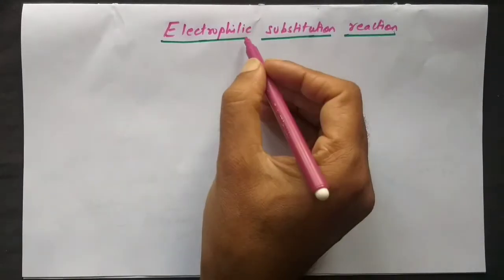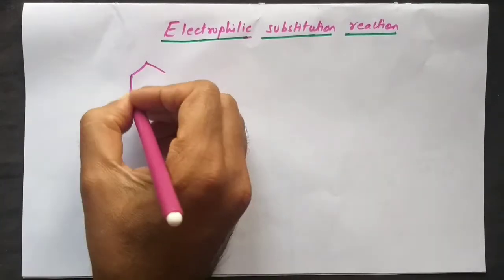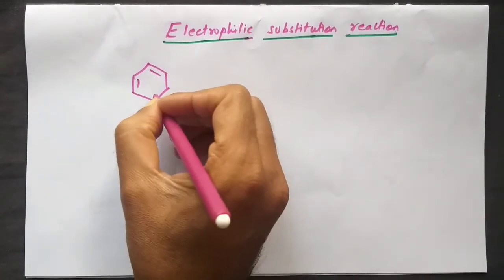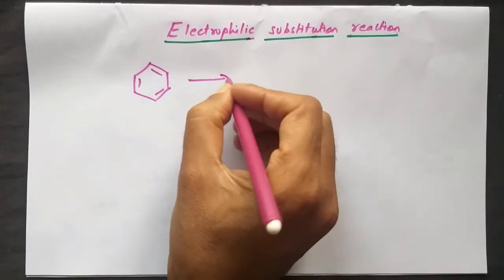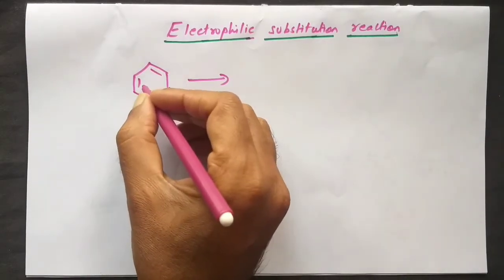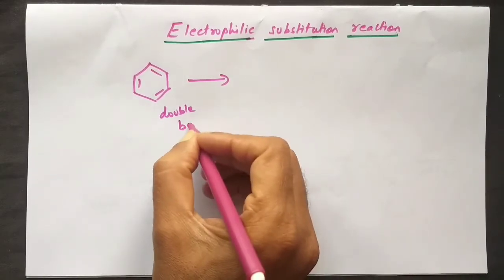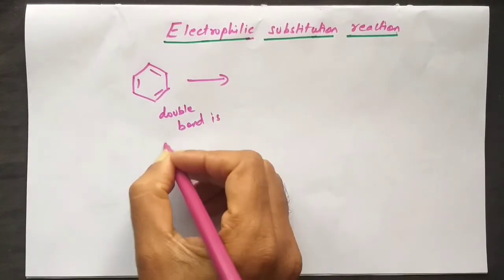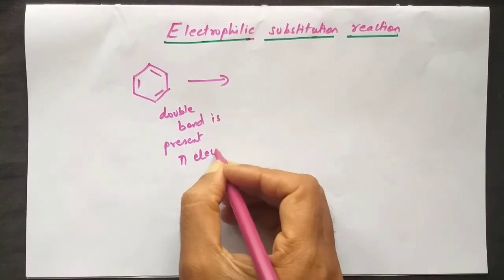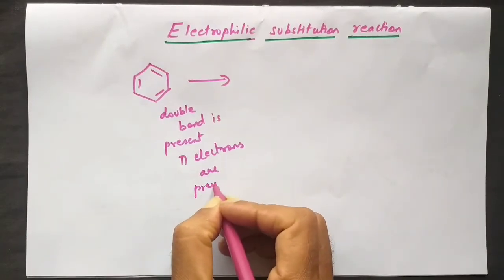Next will be electrophilic substitution reaction. We'll be taking the benzene ring. In benzene we have a double bond here, here, and here. Double bond is present, which means pi electrons are present.